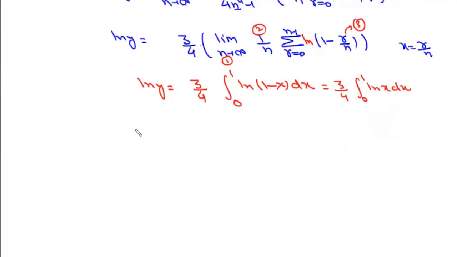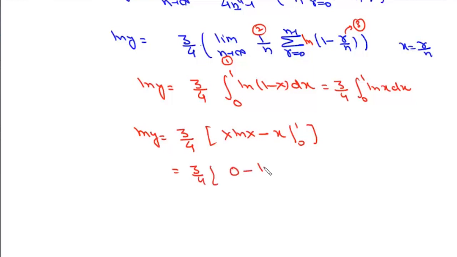Now log y is 3 by 4 into (x log x minus x) from 0 to 1. Now log 1 is 0, minus the limit as x tends to 0 of x log x, and then minus 1.